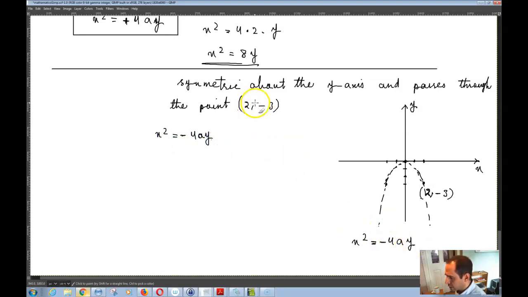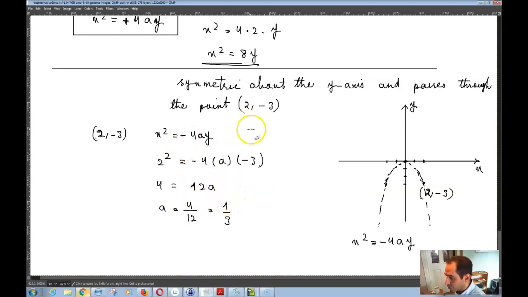If that is the case, and if the parabola goes through this point 2, negative 3, then I can substitute these x and y's over here, meaning that I can write 2 squared is equal to negative 4 times a times negative 3, meaning that 4 is equal to 12a, and a is equal to 4/12, which is equal to 1/3. So that means that over here a is equal to 1/3.